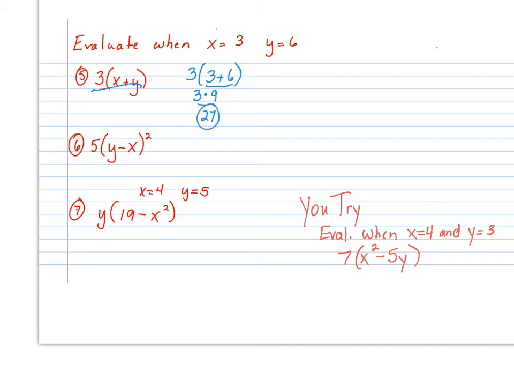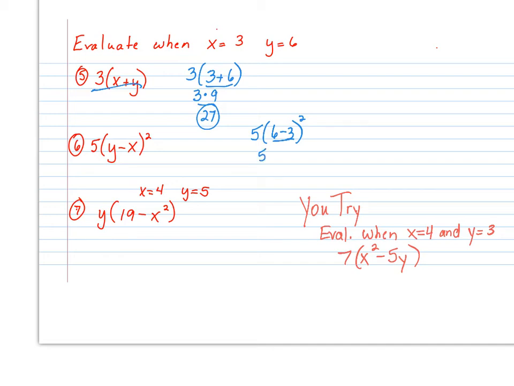Okay, the next one, it's an algebraic expression, so we're going to write down 5 times y, this time is first, so 6 minus 3, and a parentheses squared. We are going to do the parentheses first. That becomes one number, doesn't it?